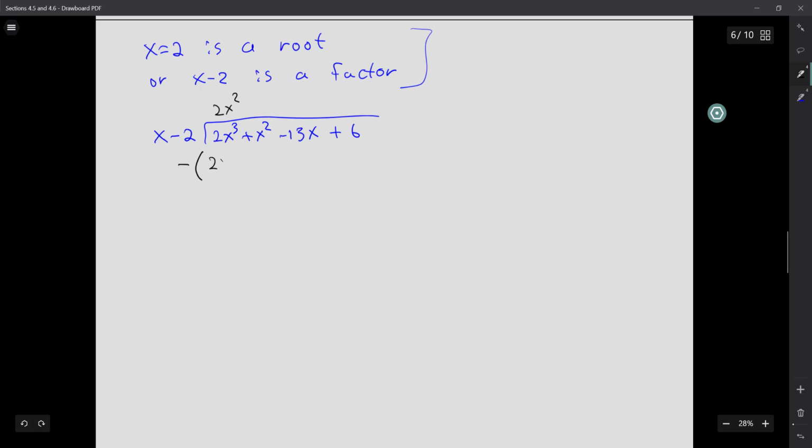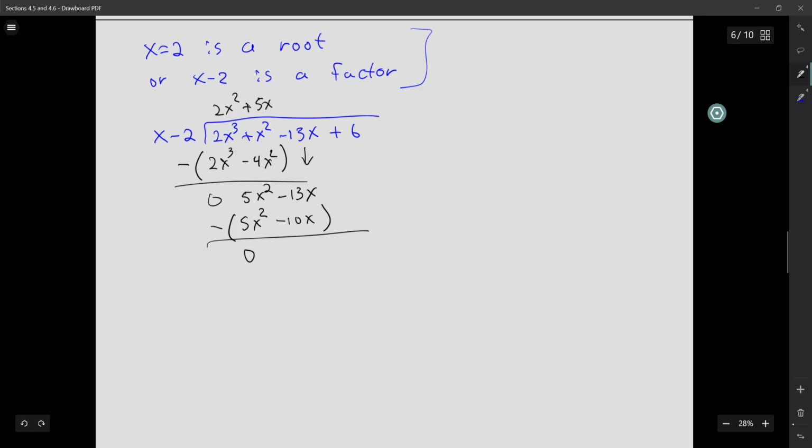We'll be subtracting 2x cubed minus 4x squared. So we get 0, x squared minus a negative 4x is 5x squared. Take that down. If I want 5x squared out of x, I need to multiply by 5x. Multiply this down, I'll get 5x squared minus 10x in there.